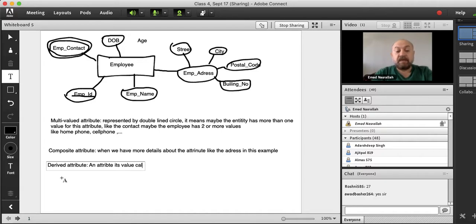Its value is calculated by the system, not entered directly. How to represent it?